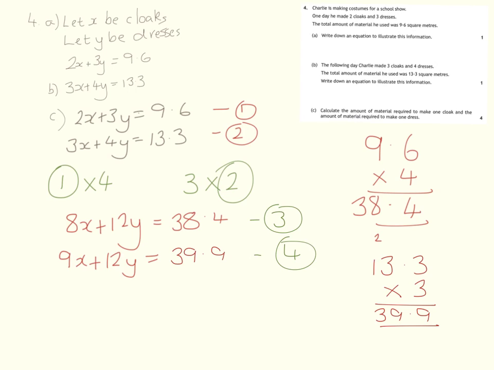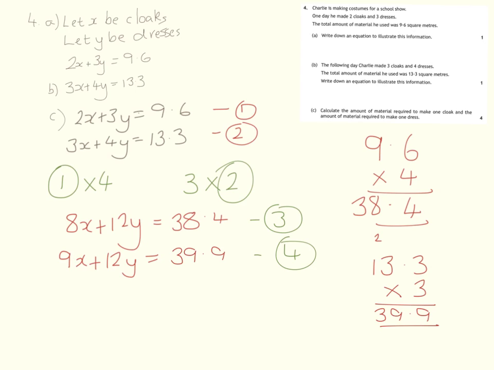Okay, so I have now got y's as the same. So far, we have always added the equations together. But if we added the equations together, we would get 17x plus 24y, which is obviously not what we're looking for. So what we're going to have to do is subtract one of the equations from the other.